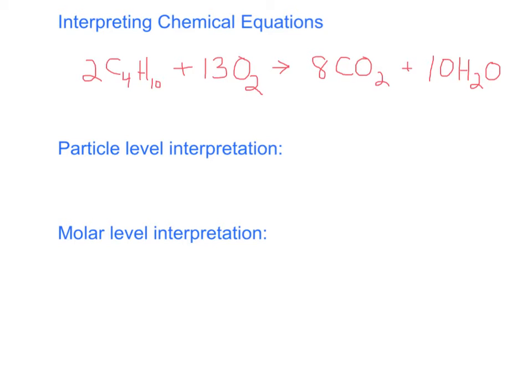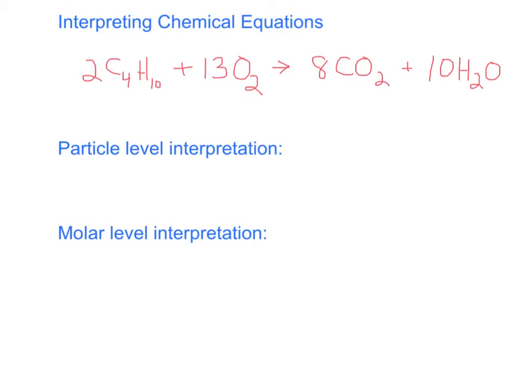But on a particle level interpretation, what does this reaction mean to us? Well, I would say that means that there's two molecules of butane, and then they're going to react with 13 molecules of oxygen, O2 gas, in the combustion reaction, and then we're going to get 8 molecules of CO2 and 10 molecules of water. So we can interpret it as molecules.